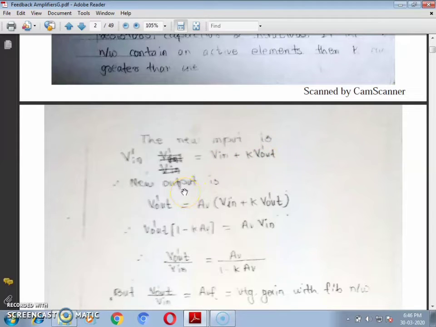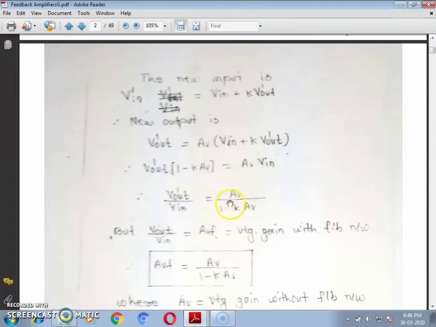So the new output Vout dash is equal to the gain of the basic amplifier times the modified input, Vin plus K Vout. Finally, rearranging this equation, we have Vout dash divided by Vin is equal to AV divided by 1 minus KAV, where AV is the voltage gain without feedback.